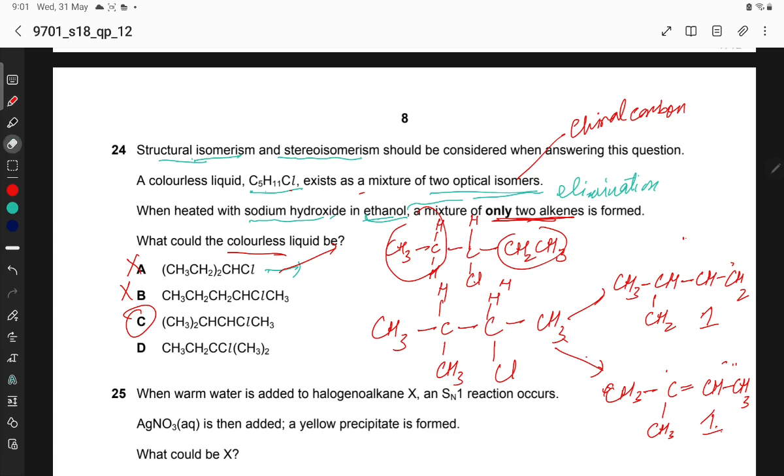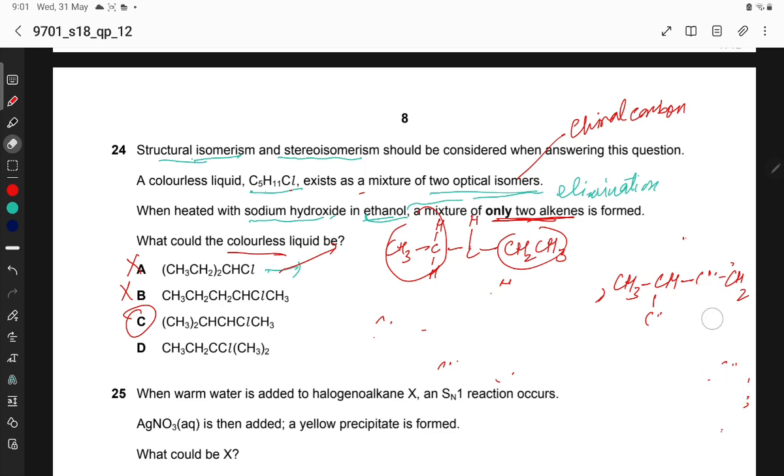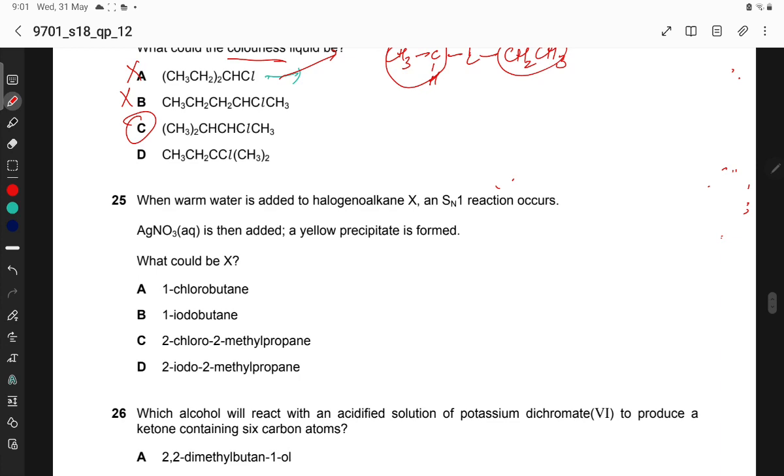D option. So next question is, when warm water is added to a haloalkane and an SN1 reaction occurs, it means it is a tertiary haloalkane, not primary.